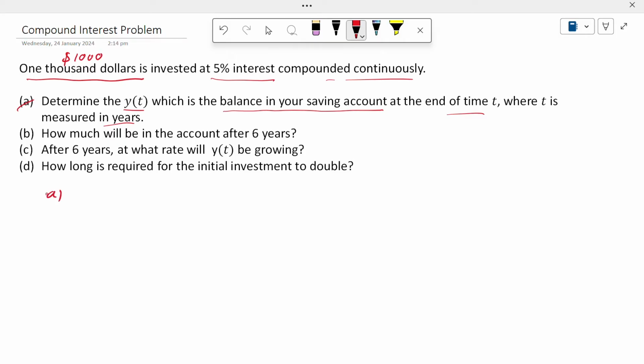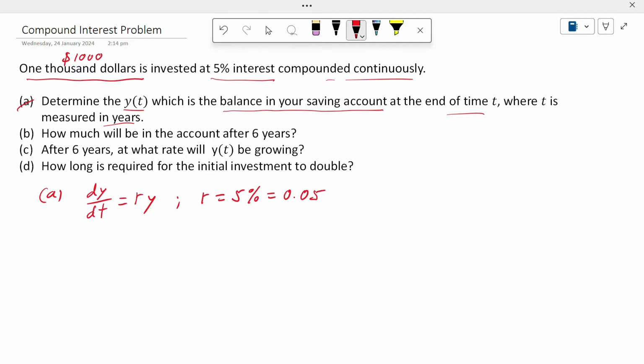We know that the rate of change of the money that we invest in the bank follows this equation, dy/dt equals r y. r is the 5% interest rate, which is equal to 0.05.